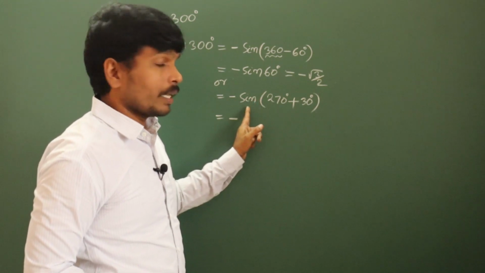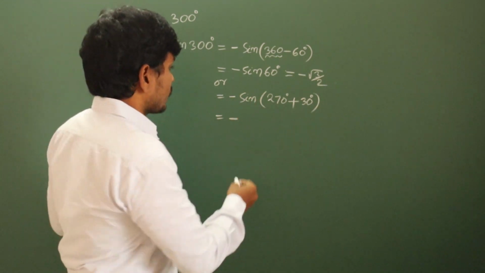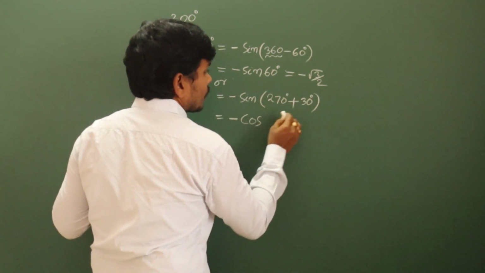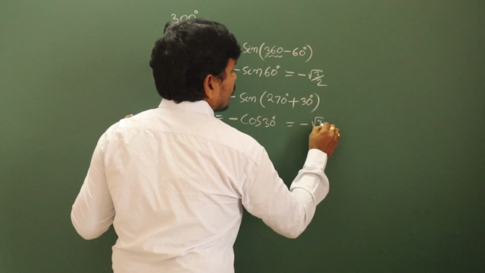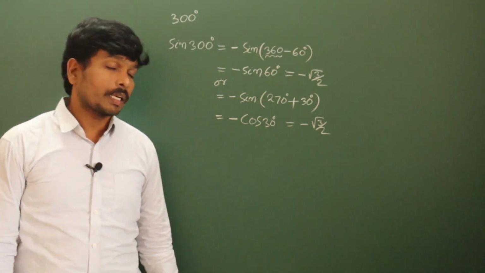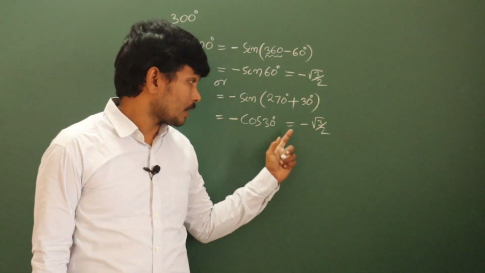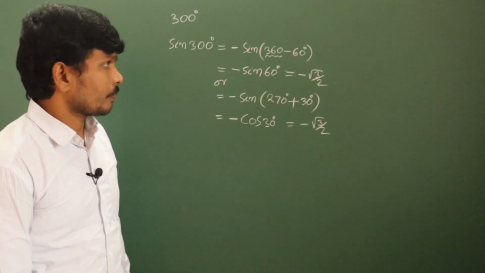Definitely sine changes to cosine. So we changed it to cos 30 degrees. What is your cos 30 degrees value? Root 3 by 2 only. So it is minus root 3 by 2.